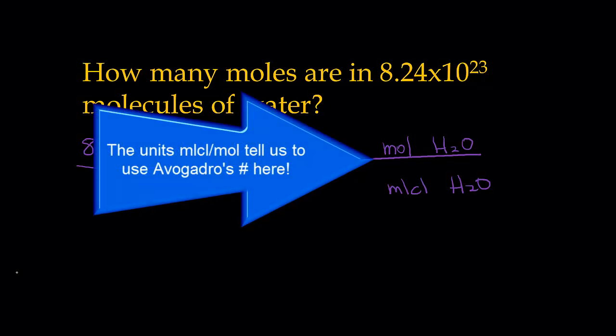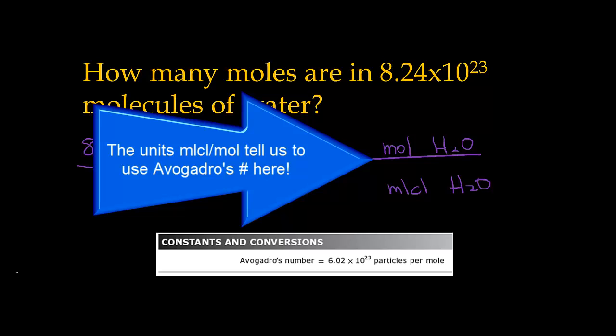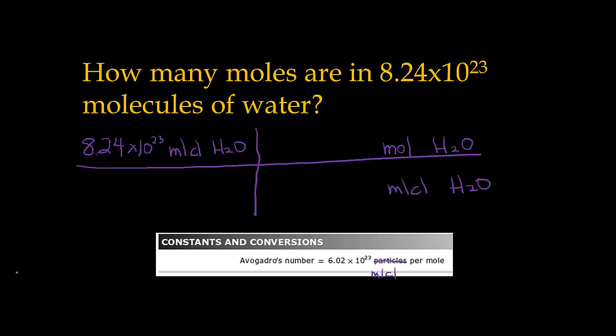Now these units right here tell us what number we need to put here. So we've got moles per molecule or molecules per mole. That should give us a big hint that we're going to use Avogadro's number. And in this case, instead of particles, we have molecules. Okay, so our MLCL stands for particles here. So we have 6.02 times 10 to the 23rd molecules per mole. Does it go on top or does it go on bottom? Well, it's going to go on bottom. The number's right next to molecules per 1 mole.